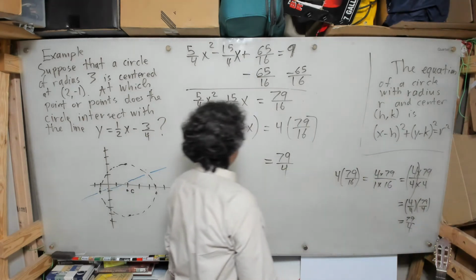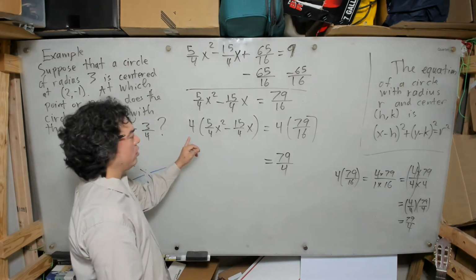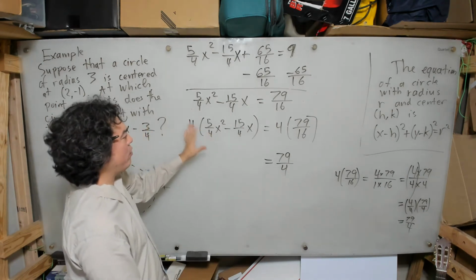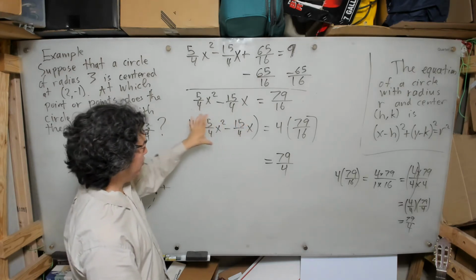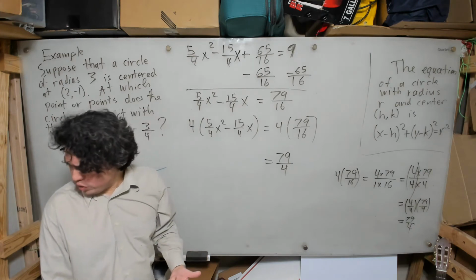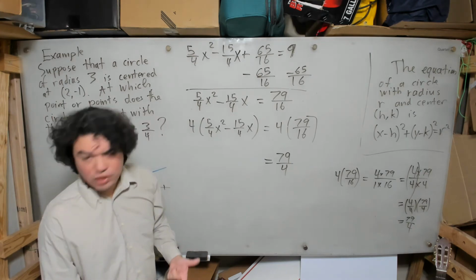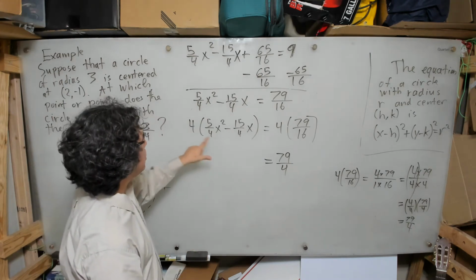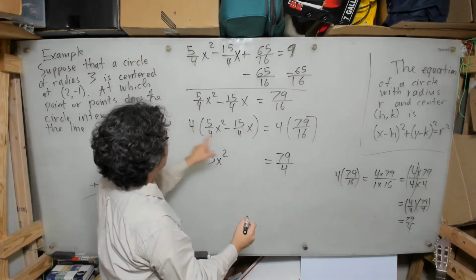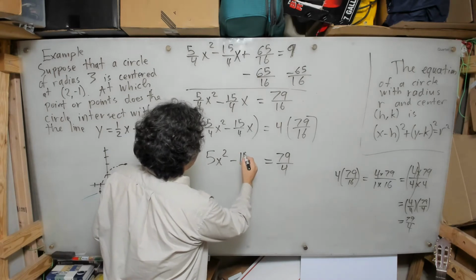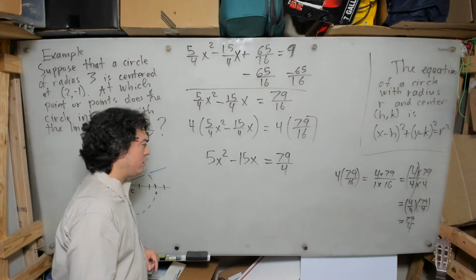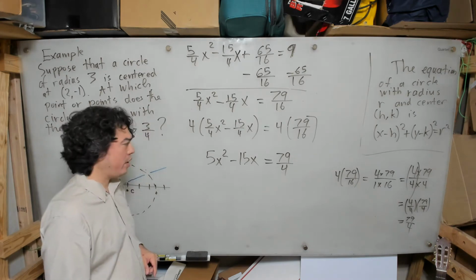Now here, I'm not going to go into the full rigmarole, but the reason why I put this in parentheses is to emphasize what we mean when we say we're going to multiply one side of the equation by a number. It means we're multiplying the whole thing. So the 4 times this one will leave us with 5x squared, and the 4 times this one will leave us with negative 15x. And so now we're in business.